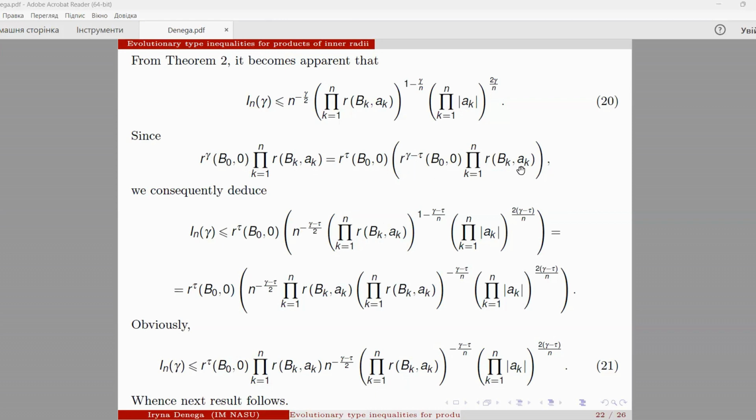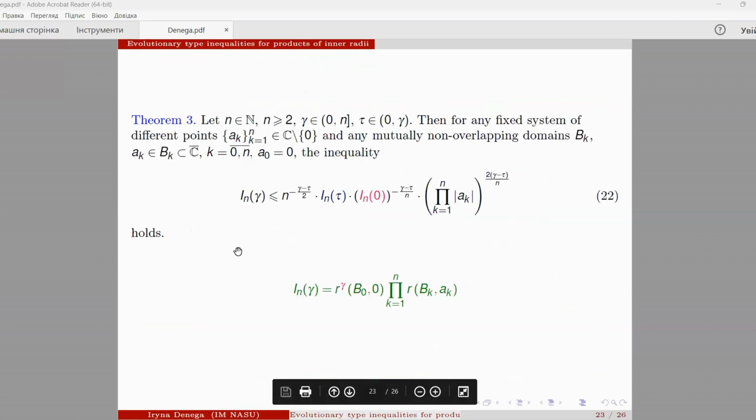Then to the value in parentheses, we use inequality 20, and after calculations, we obtain inequality 21. Hence, the next result follows.